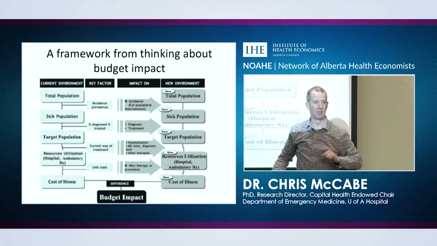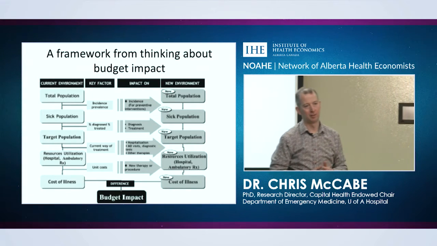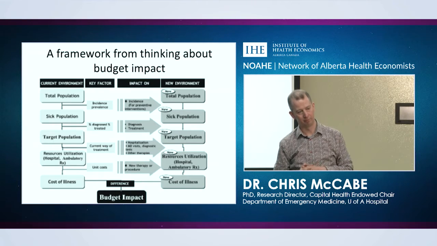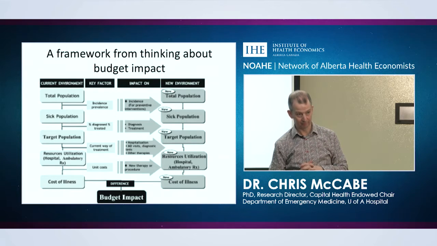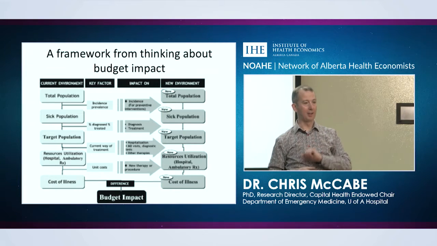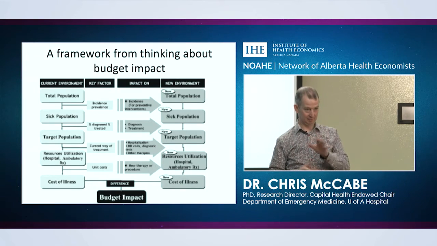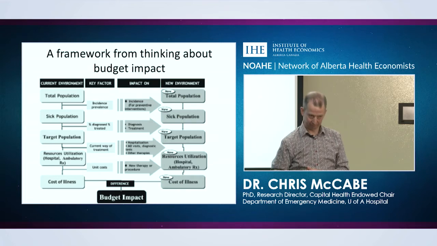Please. Quick question. Is this model able to predict for how long there could be a period of what I might call double funding? So you're still funding your old liver cancers and cirrhosis, and then at some point in time, you should expect this will go down.